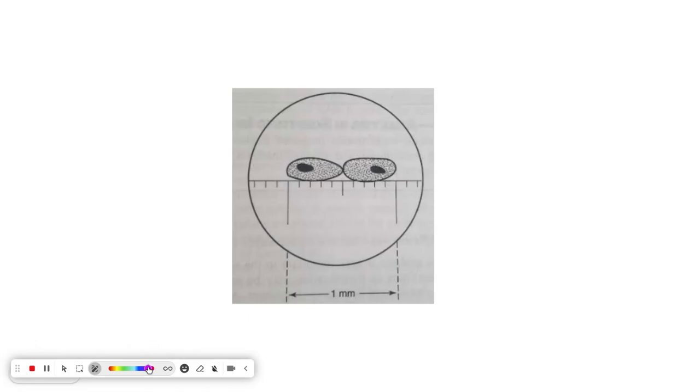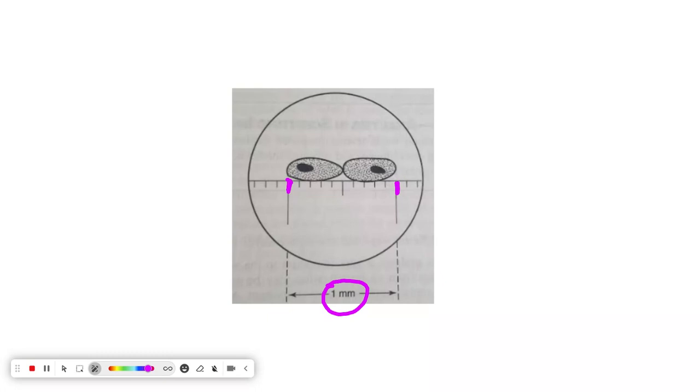Now there's a few questions we can ask with this slide. So this is a popular picture that is on some region exams and some living environment tests. So here we have a field of view under the microscope. And you can see right here that from this point to that point, it's 1 millimeter.